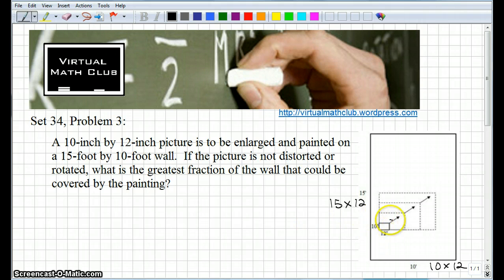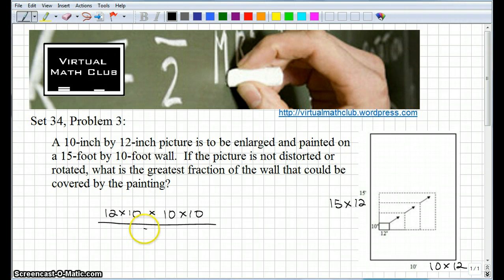If we scale this up 10 times, then the width will be 12 inches times 10, and the height will be 10 inches times 10. Okay, so essentially 120 by 100 inches. Alright, so that's the total area of the wall that will be covered.